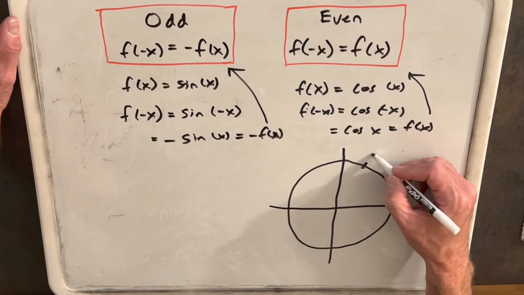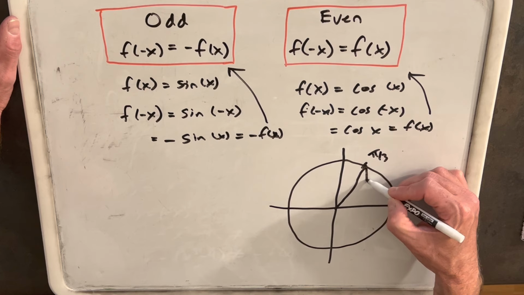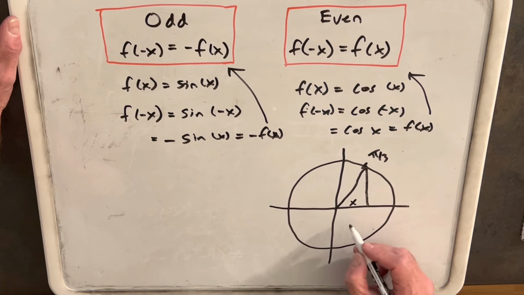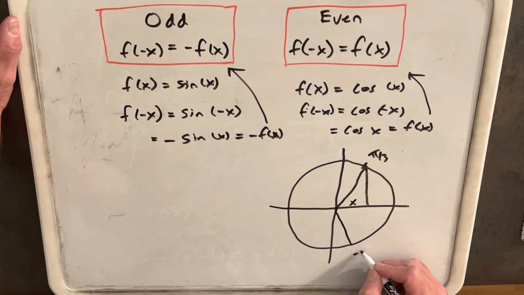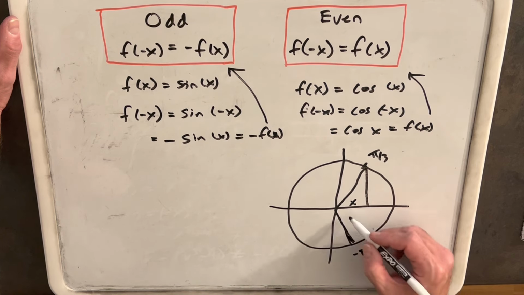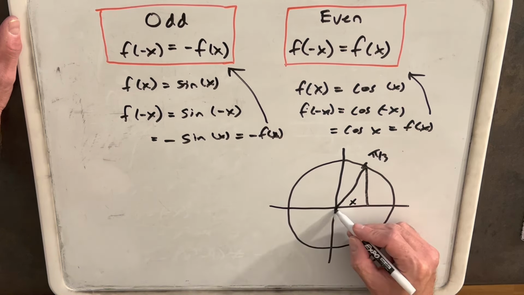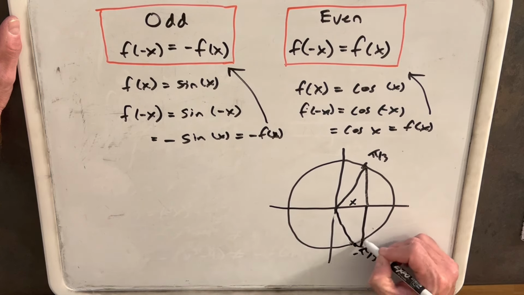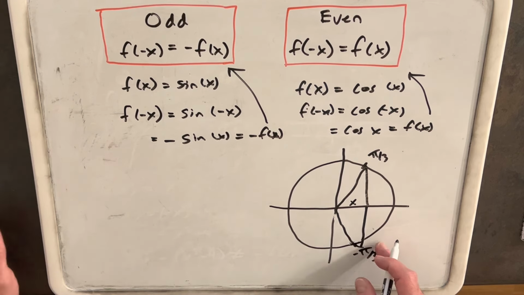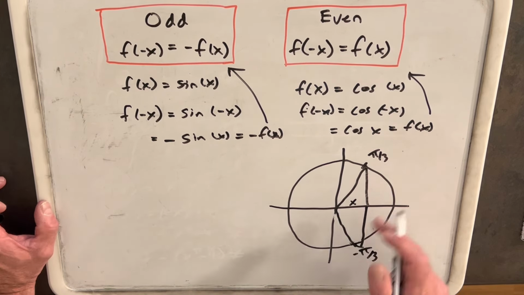If this is pi over 3, we have this x value for pi over 3, but then at negative pi over 3, if it's right here, basically we're saying we end up at the same x value for minus pi over 3 as pi over 3.